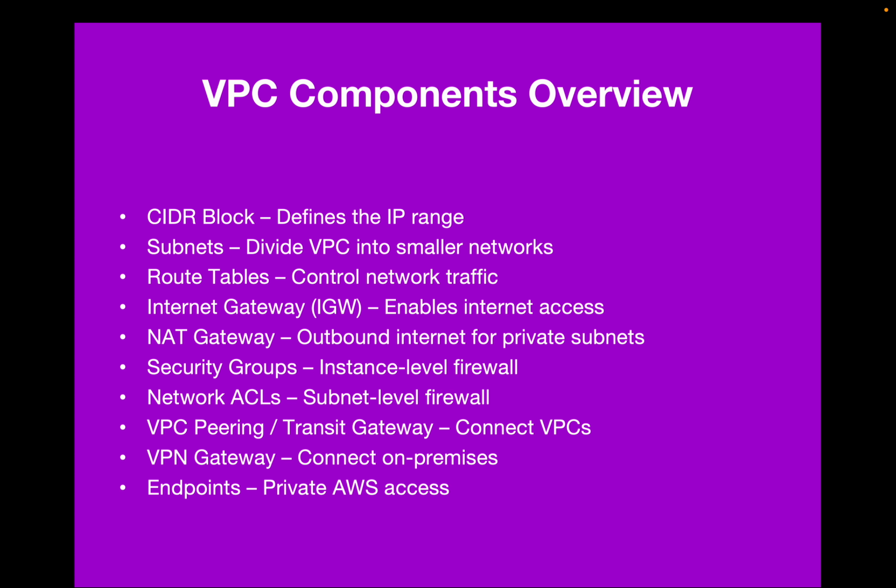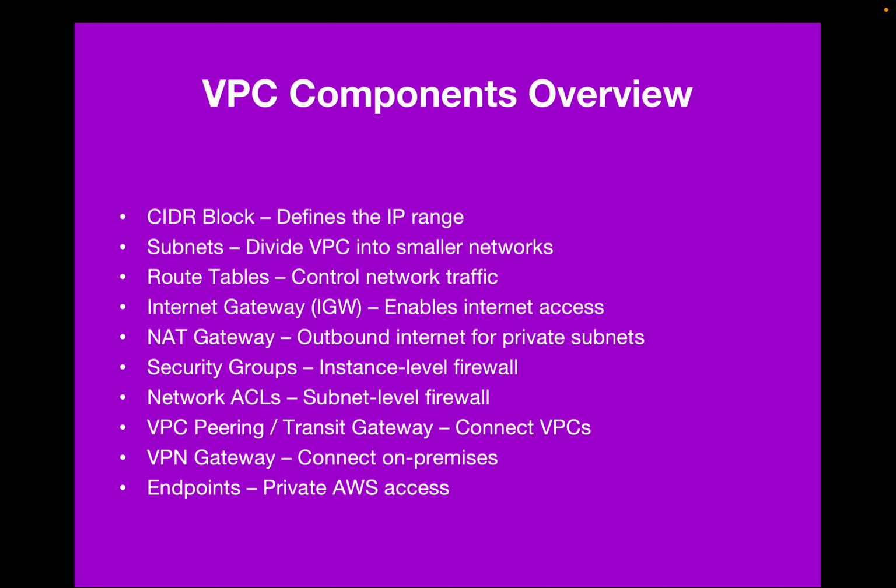Now the internet gateway basically enables internet access. Okay, we'll go through this in detail. NAT gateway, try to understand it as a component that is used to access the internet for private subnets. Okay, again we'll dive deep into this. Security groups and network ACLs, these are again firewalls.